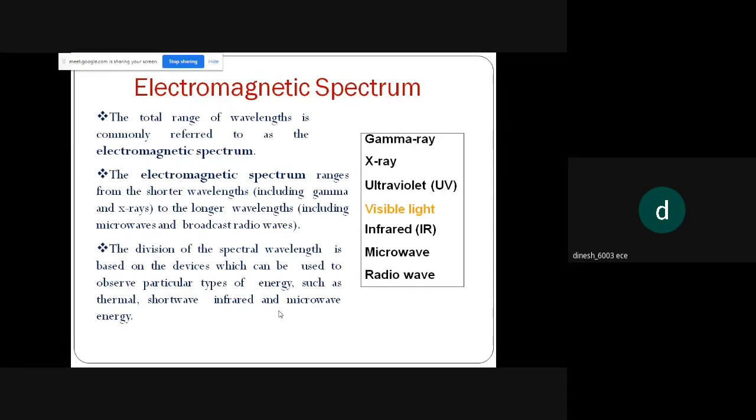So the electromagnetic spectrum ranges from the shorter waves, gamma rays and X-rays, to longer wavelengths, the microwaves and radio waves. The division of the spectral wavelength is based on the devices which can be used to observe particular types of energy, such as thermal, shortwave, infrared, and microwave energies. So depending upon the application and need, we can use the corresponding spectral wavelength.